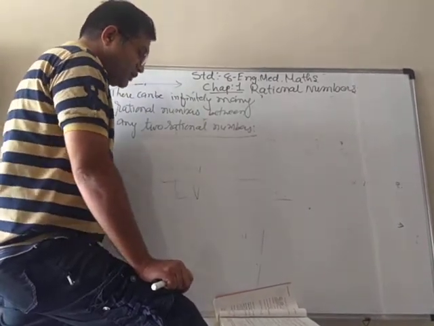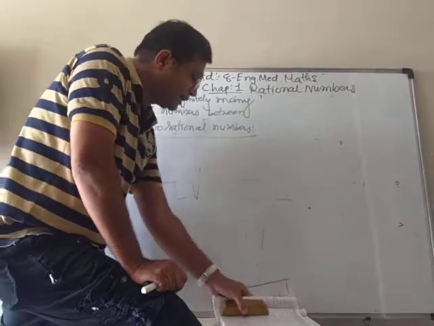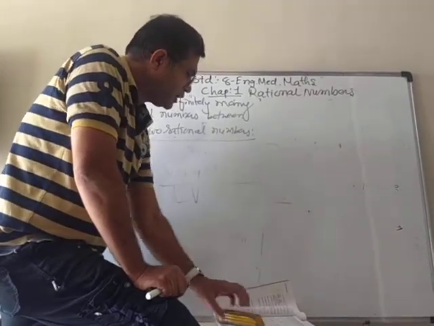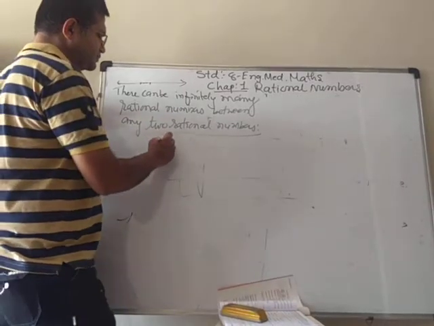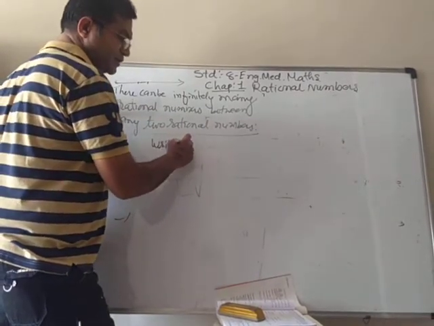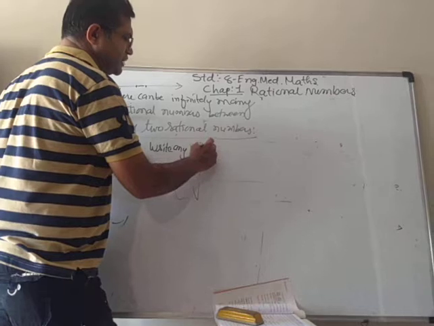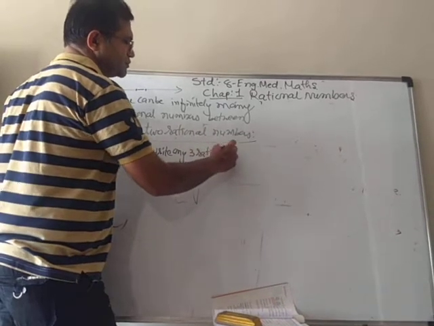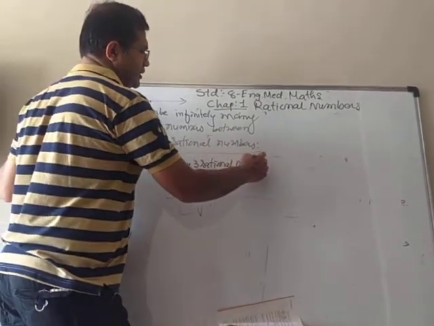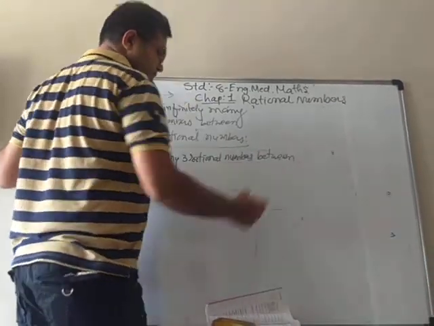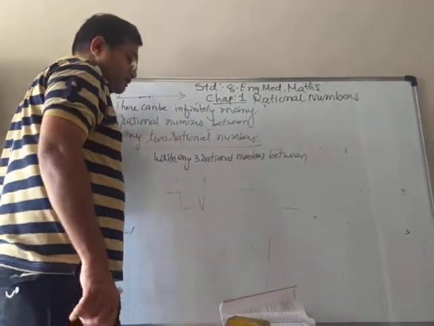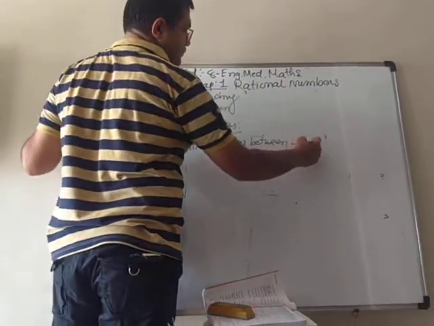We will start from a very simple question. Write any three rational numbers between -2 and 0.